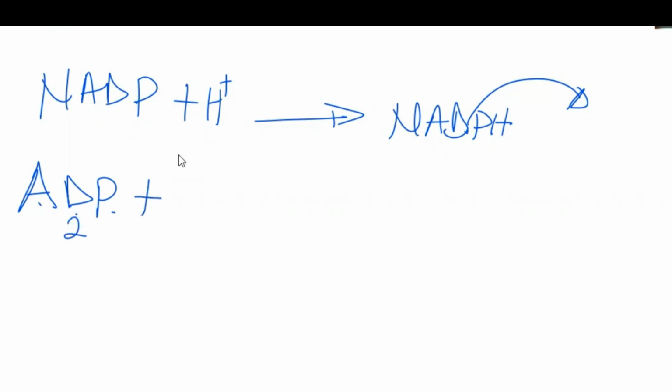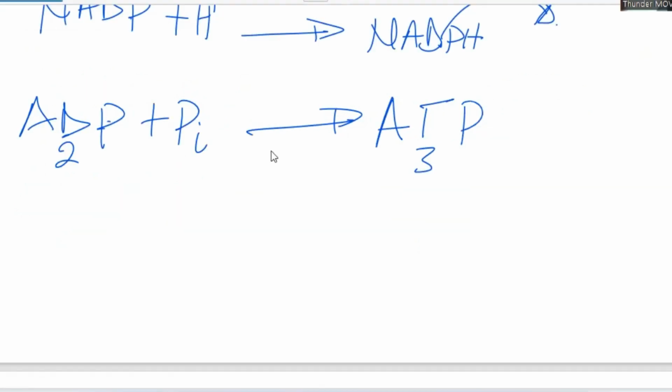Then you add another inorganic phosphate, so now I have 3 phosphates instead of 2, and 3 is called tri. So it becomes adenosine triphosphate, the usable energy we use in the body.